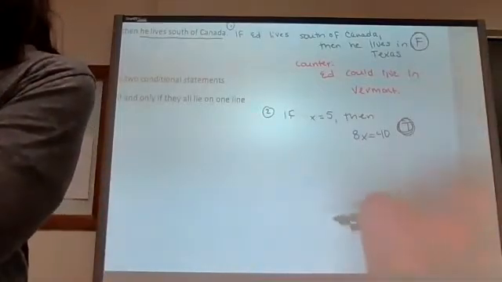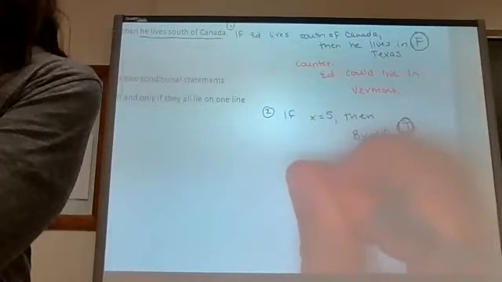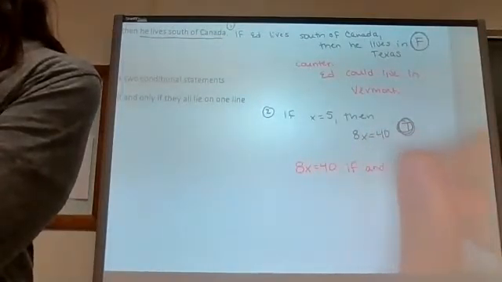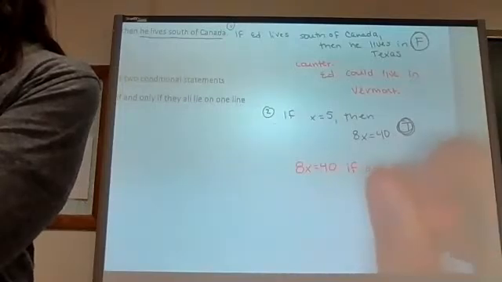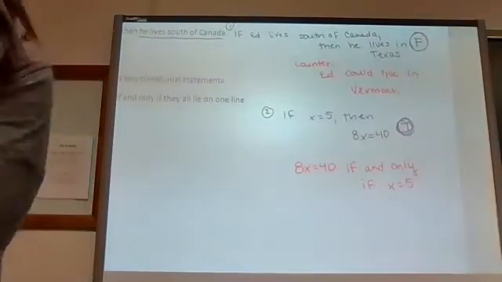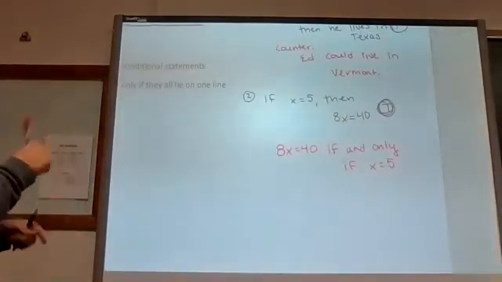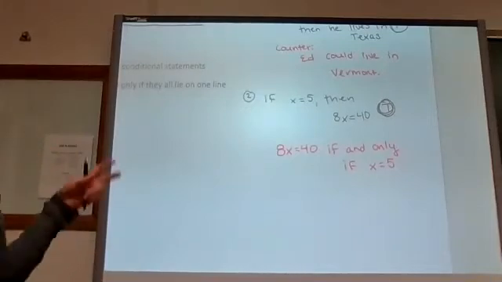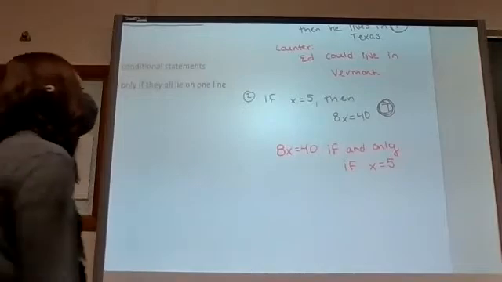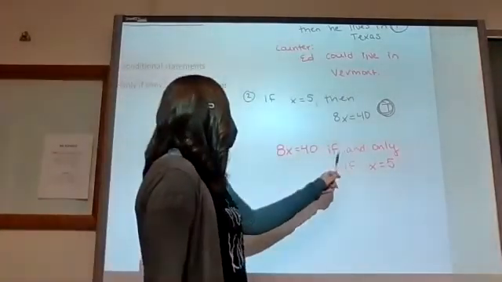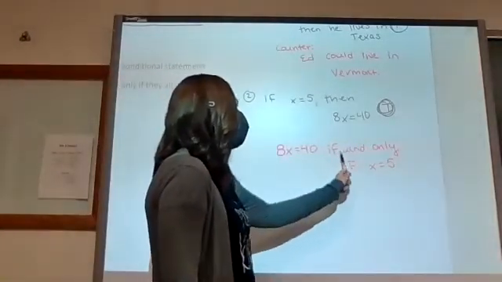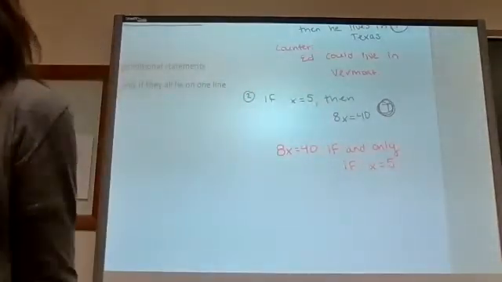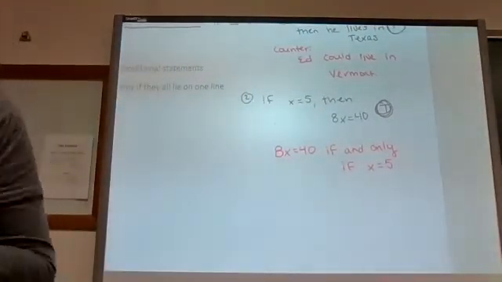I kind of like it the other way, to say 8x equals 40 if and only if x equals 5. There's my biconditional. But I could have also said x equals 5 if and only if 8x equals 40, but I just feel like it reads better the other way. It's almost like you're solving the equation. 8x equals 40 if and only if x equals 5. So I no longer have the if and the then. I've smushed them together with an if and only if.